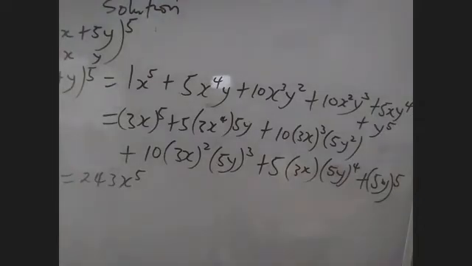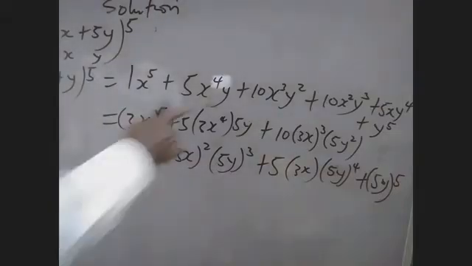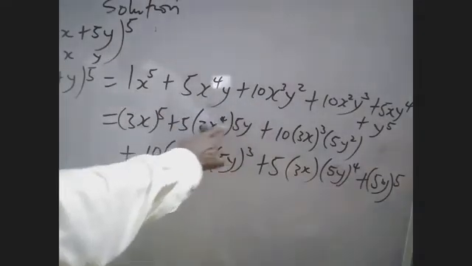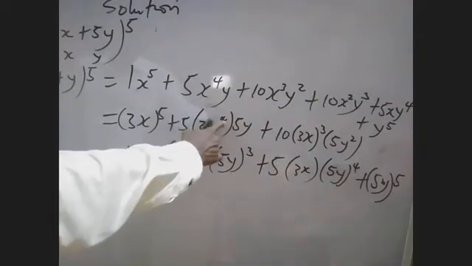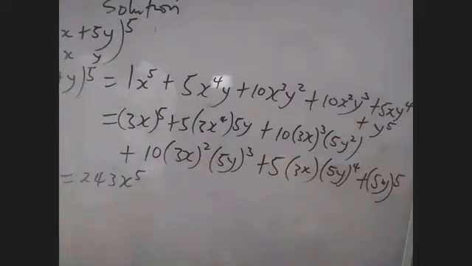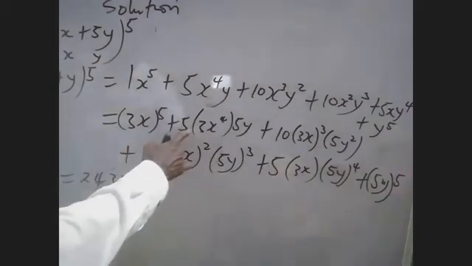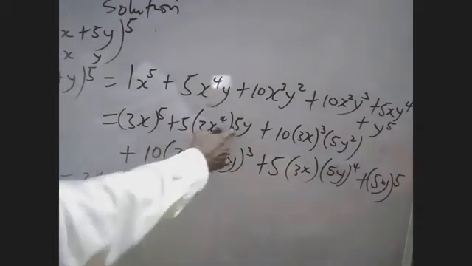Then we have 5 times 5 there. 3 raised to the power of 4 is 81. 5 times 5 is 25. Let me take it step by step.